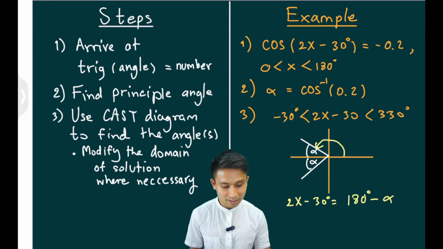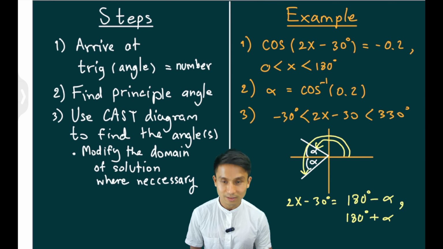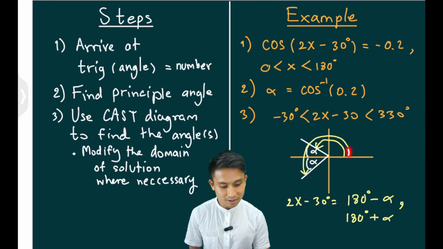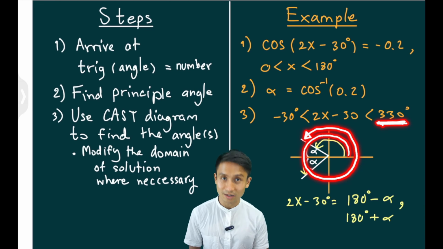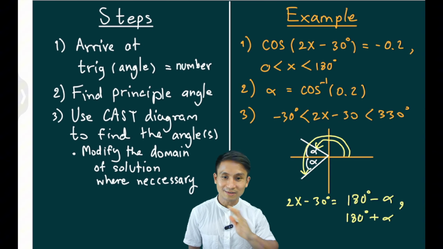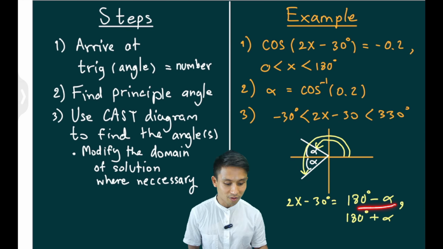The other one is then 180 plus alpha. You could try to keep subtending beyond one period, but if you go any further to see the first line again, your angle will exceed 330 already. We're not including that. The only two answers here will be from 180 minus alpha and 180 plus alpha.